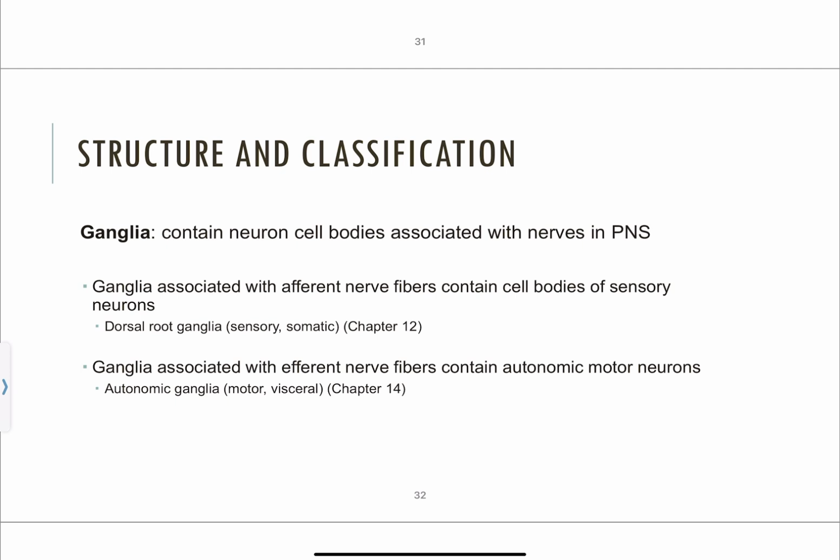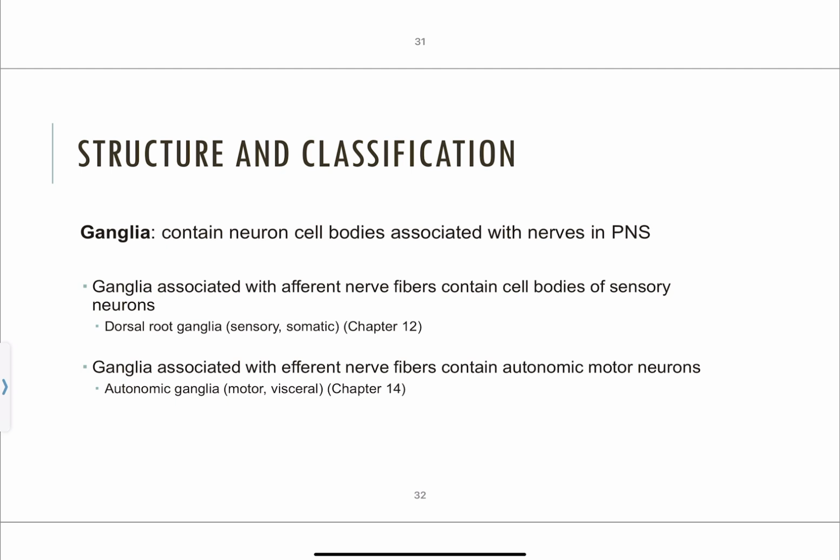If we're talking about collections of these cell bodies in the central nervous system, those are referred to as nuclei. So that's what we talked about in chapter 12 when we talked about the central nervous system. But now we're in the peripheral nervous system, so we're working with ganglia, which refers to the cell bodies, and nerves, which refers to the axons of the neurons themselves.